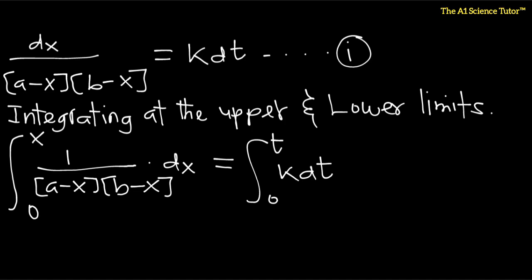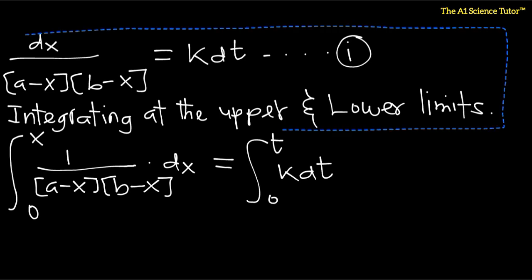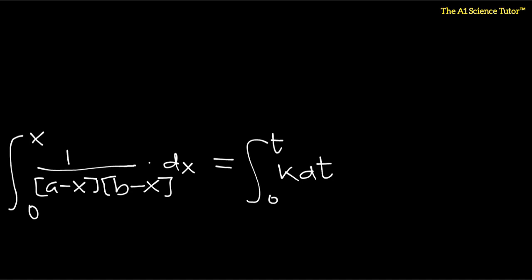So in order to solve this, you actually need to use the formula of partial fractions. So we need to understand how to do this with partial fractions. So this is what you need to know. If you had something this way, let's say if you had 1 divided by a minus x, sorry, that should be x.